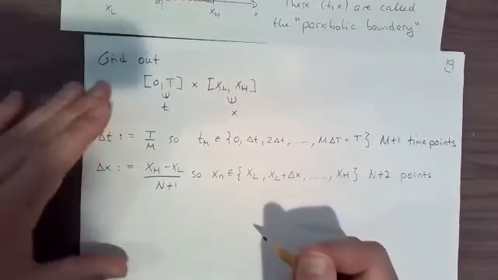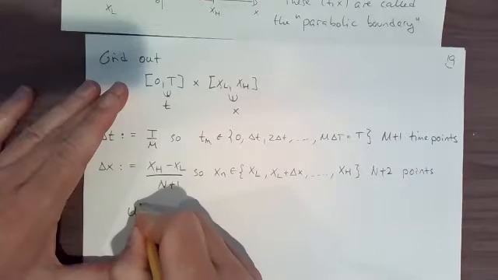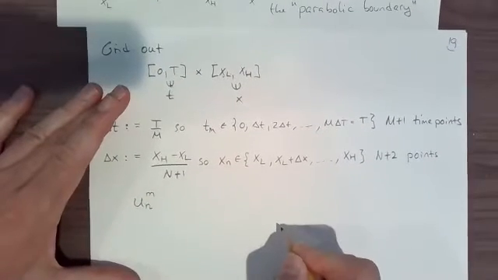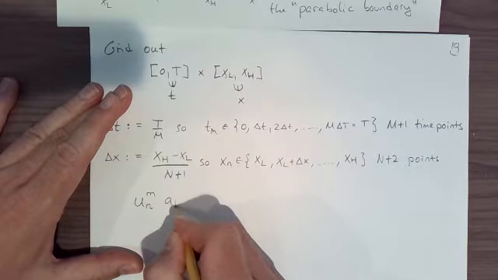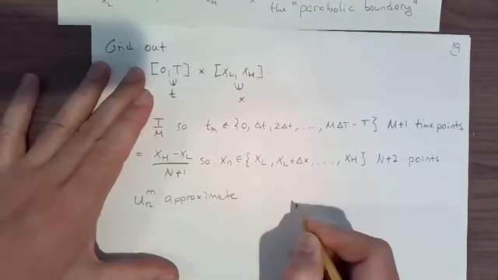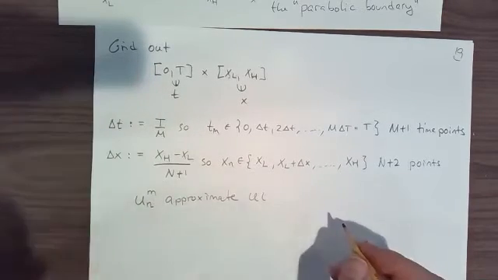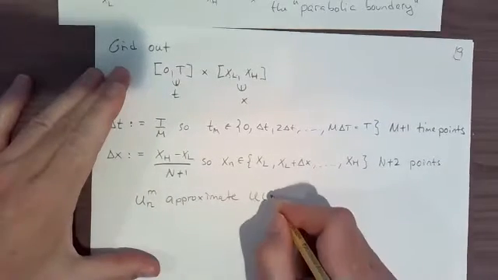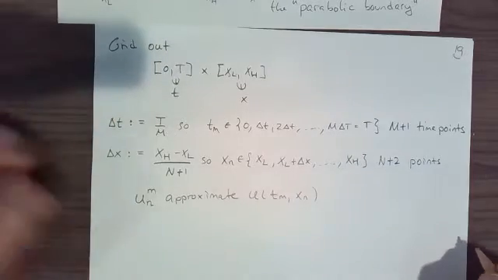The idea would be to approximate my u_m^n. Just like f_n before, this is going to approximate the solution evaluated at t_m and x_n.